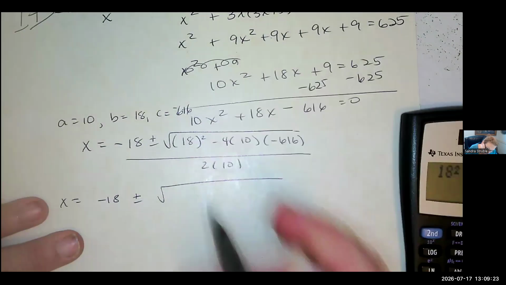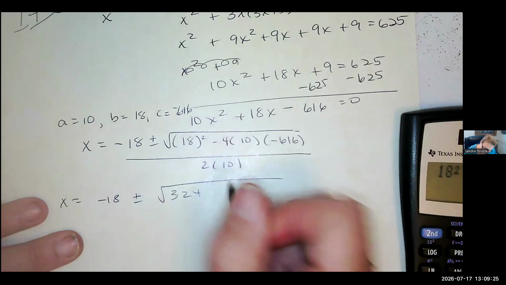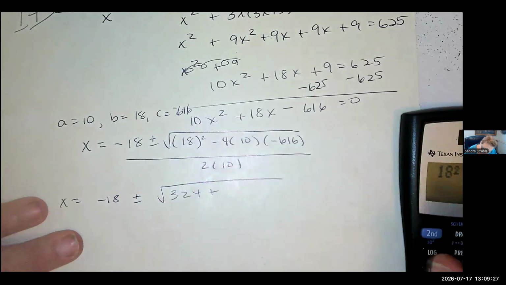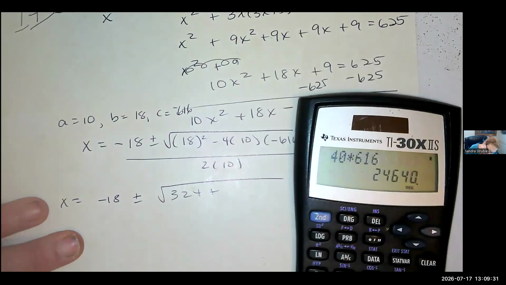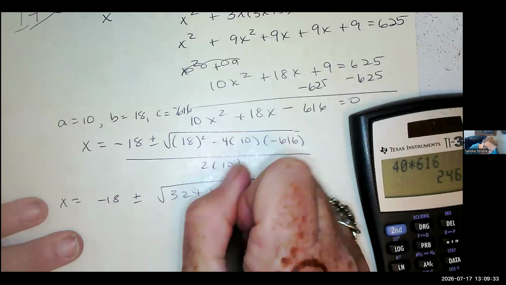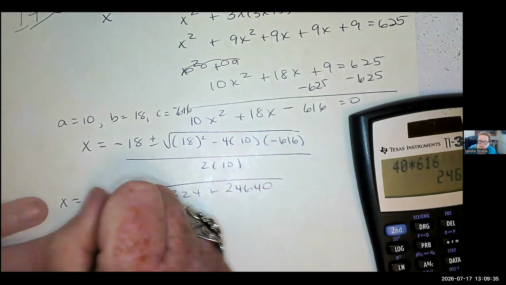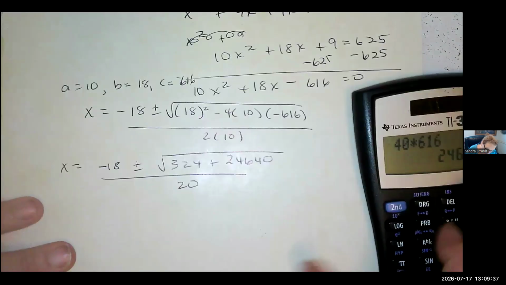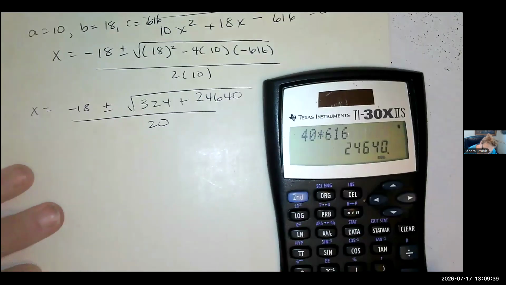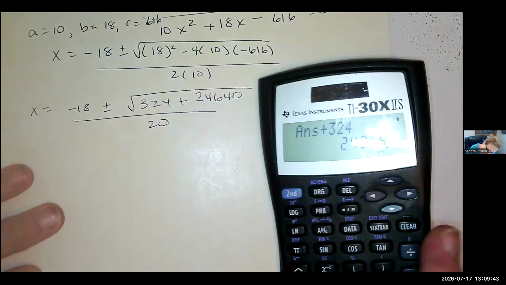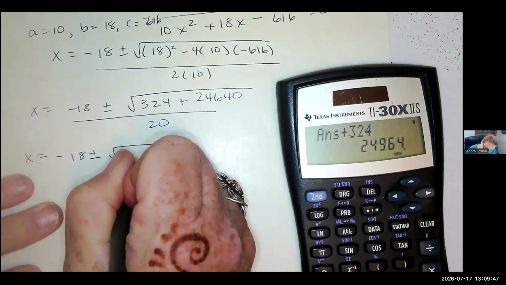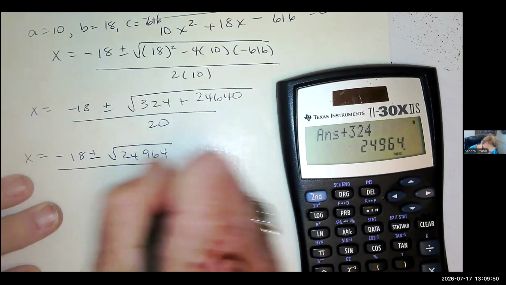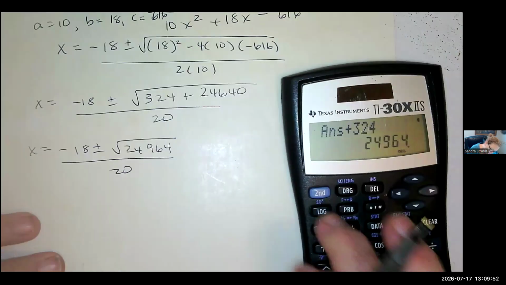Negative and negative is a positive. 4 times 10 is 40 times 616 is 24,640. Then 2 times A is 20. So 24,640 plus 324, the square root of that is 158.